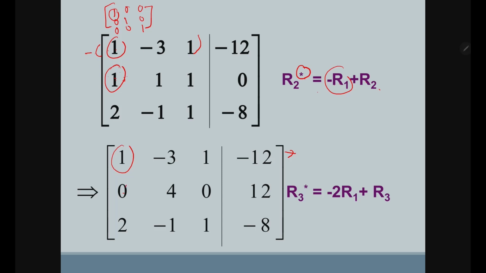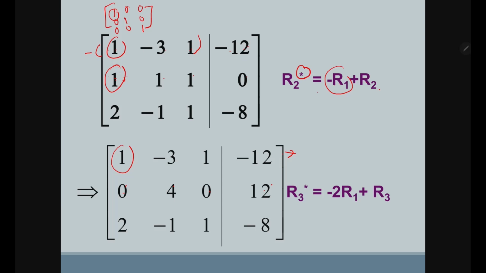And then negative 3 times negative, we get 3. 3 plus 1 you can get 4. Then negative 1 plus 1 can get 0. So negative 12 times negative we can get 12. 12 plus 0 equal to 12. So now we have R1 and the new row of R2.